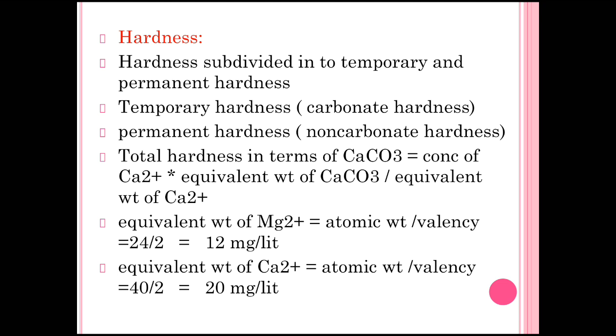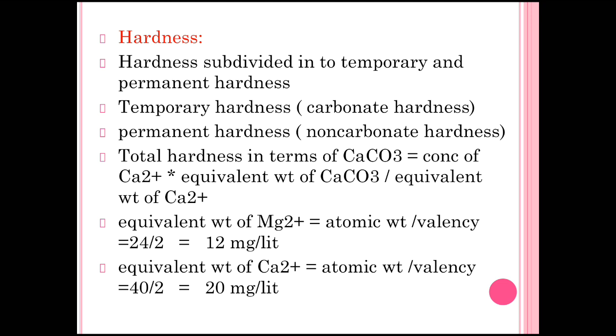Then the next parameter is hardness. Hardness is subdivided into two subtypes. We know that hardness of water means that whenever water reacts with a soap solution, the lathering of the soap solution is not formed.